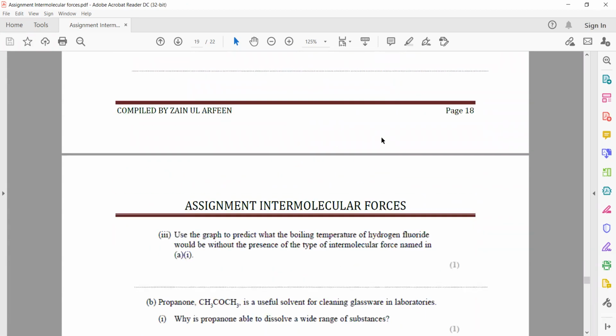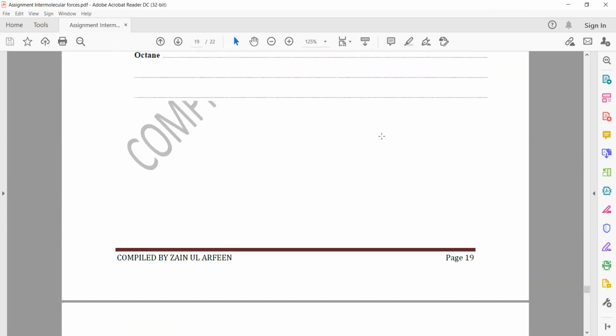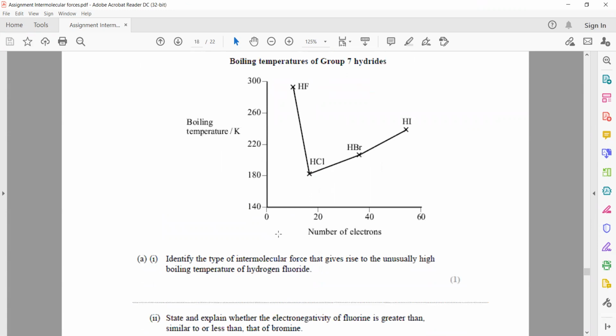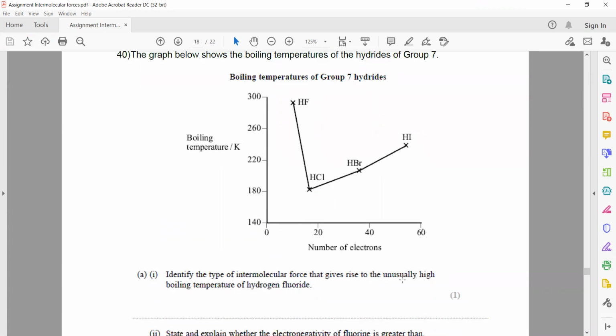Question 40. From the graph, identify the type of intermolecular force that gives rise to the unusually high temperature for hydrogen fluoride. So that is hydrogen bond, I'm writing in short HB.